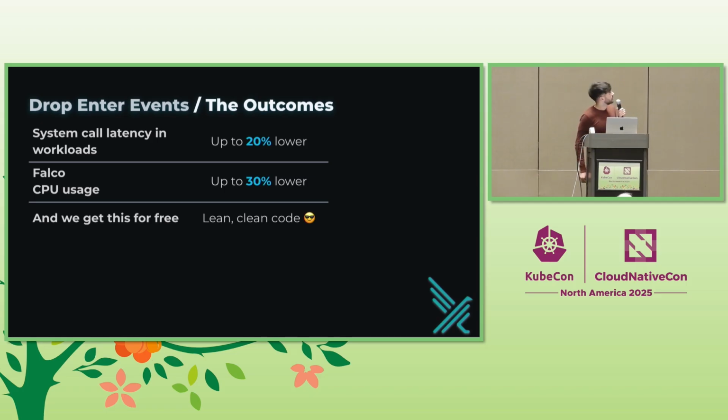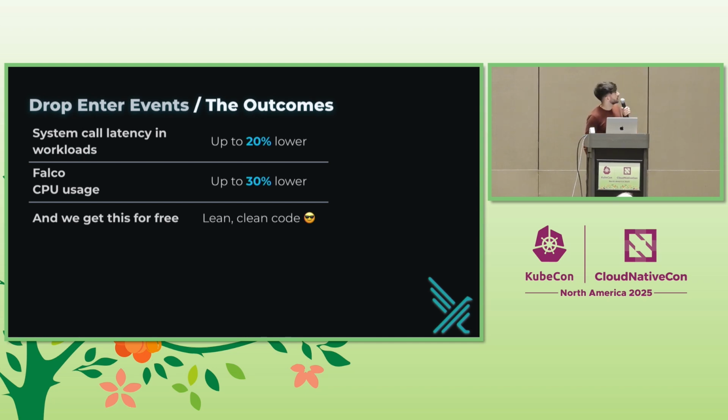In this slide, we consolidated the outcomes of this initiative. The system call latency in workloads instrumented by Falco is up to 20% lower, or I would say even more in syscall-intensive environments. And the Falco CPU usage is up to 30% lower or more.